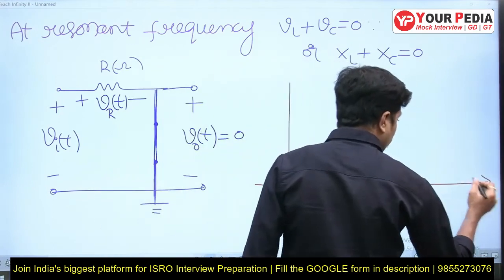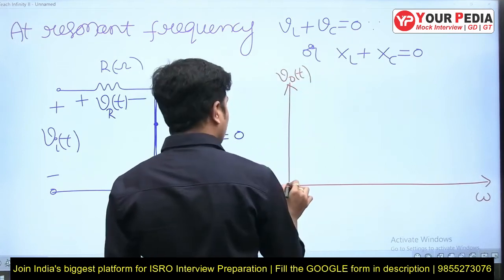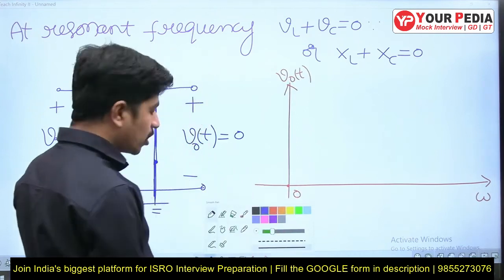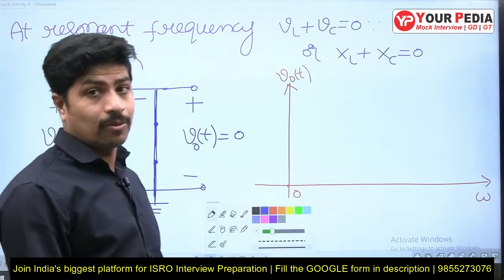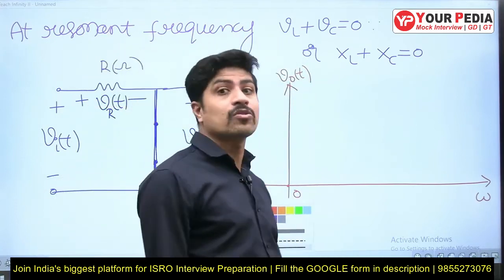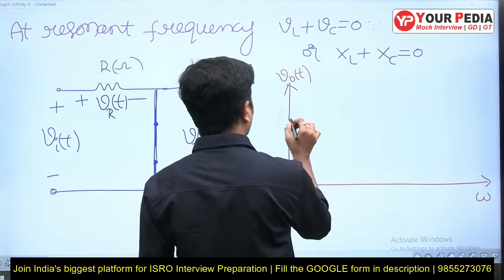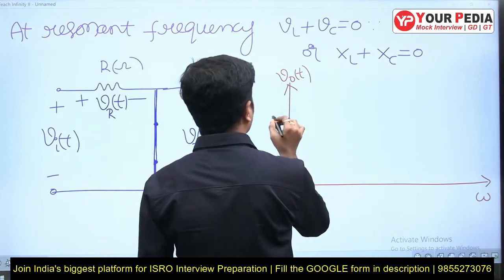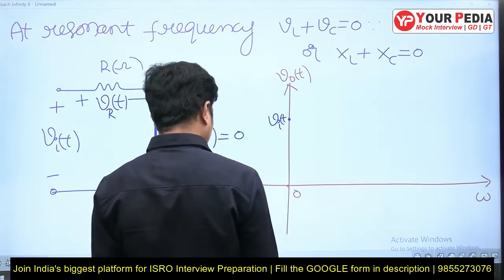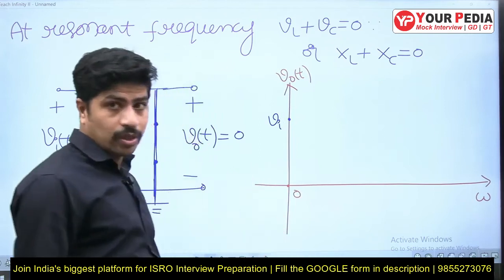When omega equal to 0, the capacitor behaves as an open circuit. 1 by omega C, omega is 0, so 1 by 0 is infinite, capacitive reactance is infinite. Then the total voltage Vi is going to appear here, whatever you have at the input.